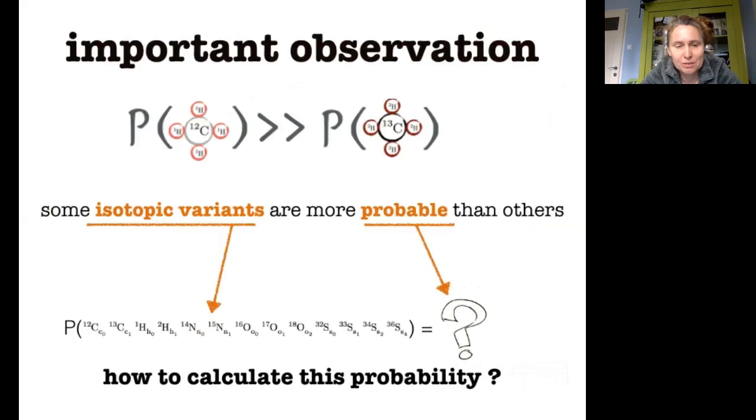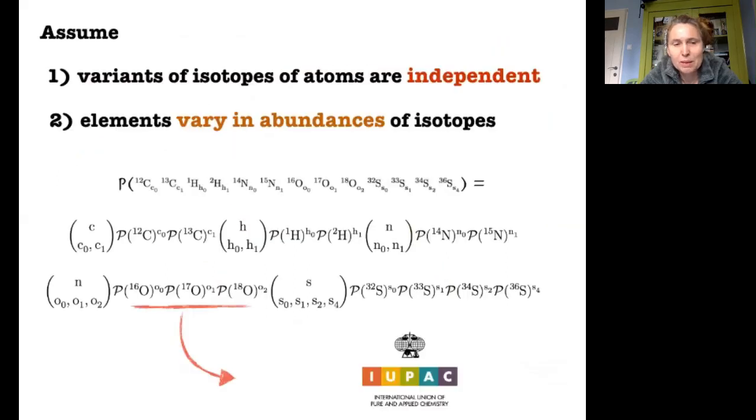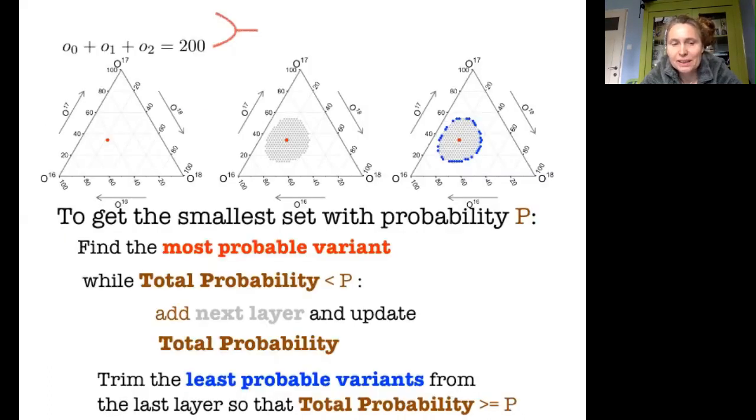So we can calculate the probability of a given configuration using the multinomial distribution and the proportion of stable isotopes. Such a probability is the probability of one peak. We can now profit from a nice mathematical property, so-called monotonicity.